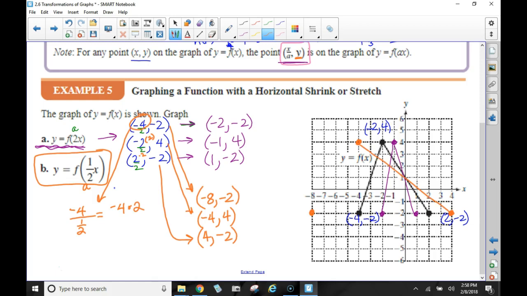Not too bad. Okay. This is the graph of y equals f evaluated at 1/2 x. And you can see in relation to the parent function, the black one, how it was stretched horizontally out by a scale factor of 2. All right, so that's how that will work.